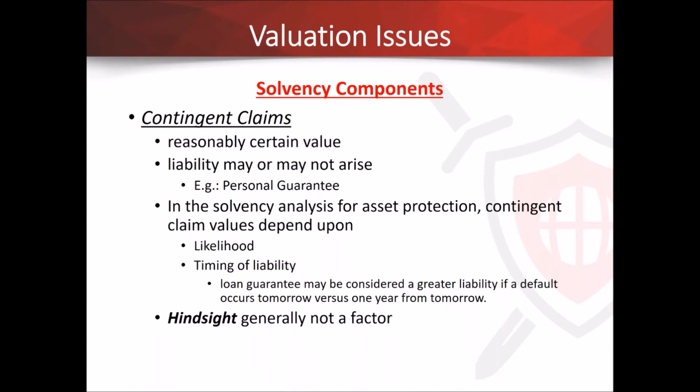And who are you guaranteeing? What company? How solvent are they? Have they defaulted? What kind of collateral supports that loan that you've guaranteed? Mom and dad were guaranteeing all these loans from 2004 to 2006, and they didn't think in a million years that the house would ever be worth less than the loan.